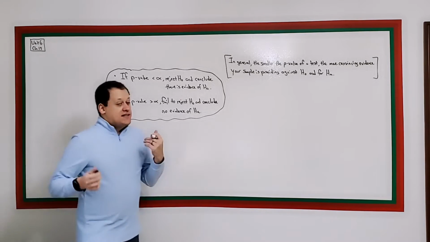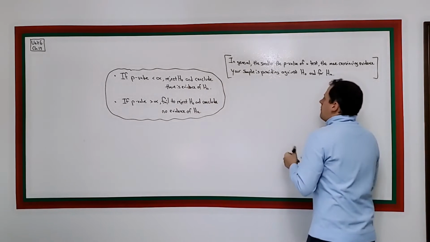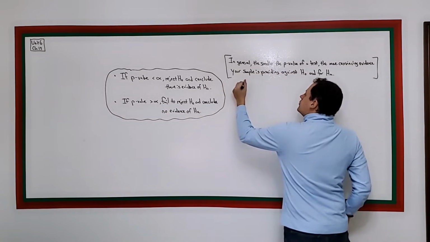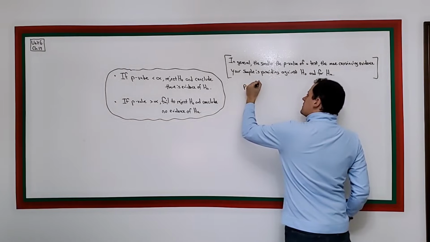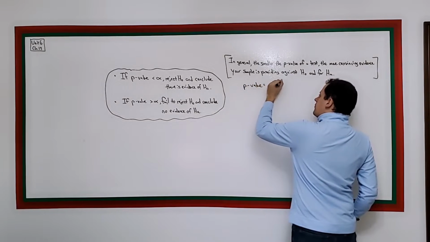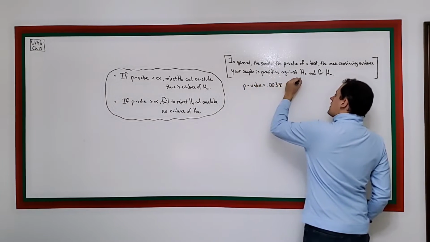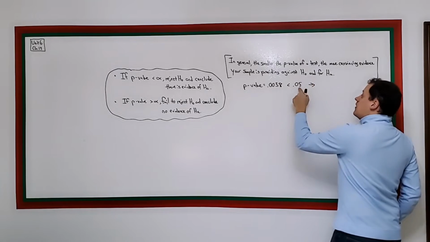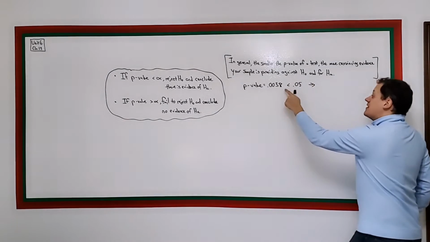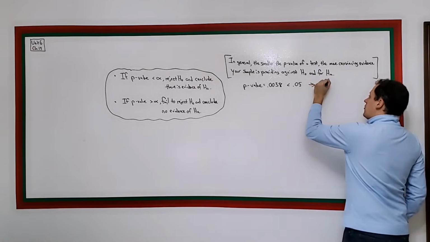So in the example that we did for our hypothesis test, our p-value was 0.0038, which was less than 0.05. That was our significance level alpha. Since our p-value was less than that, we rejected the null hypothesis.